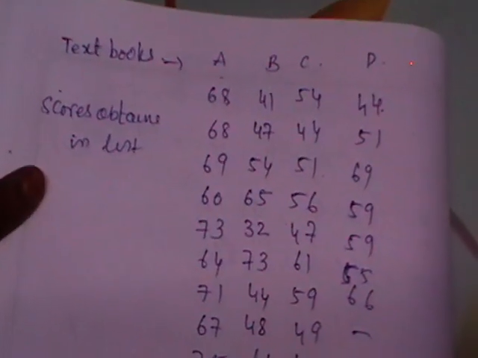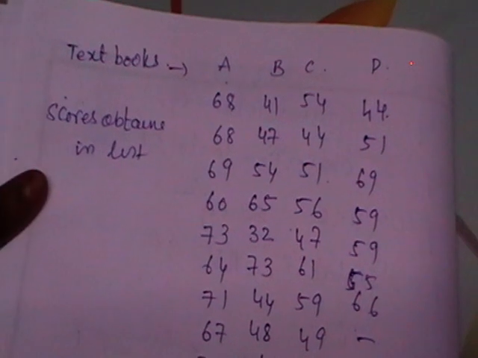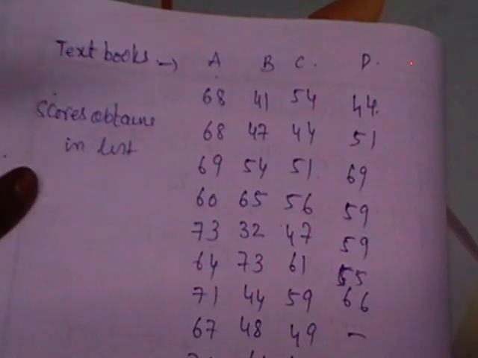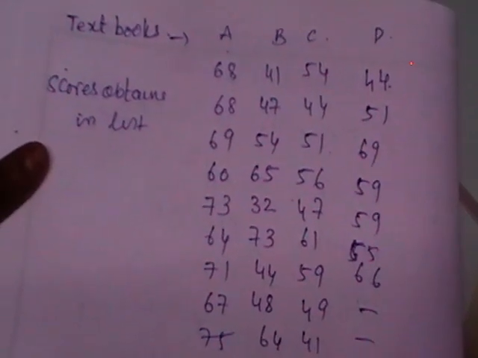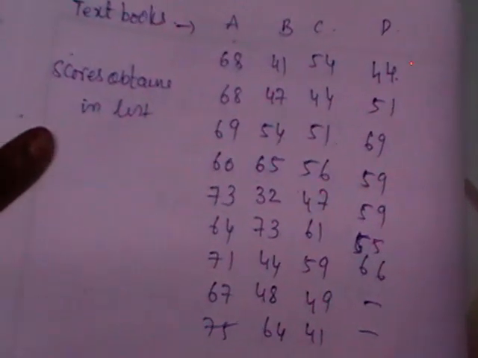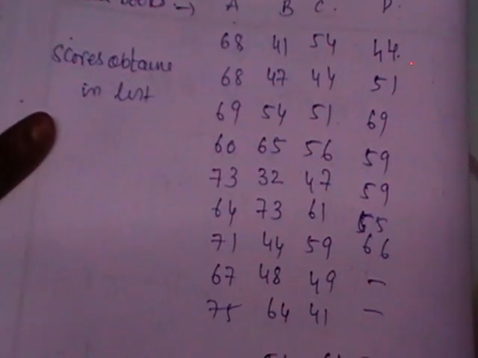And after the test is over, he observed the scores obtained as below. Now you need to analyze the above data to examine which book is preferred out of these 4.